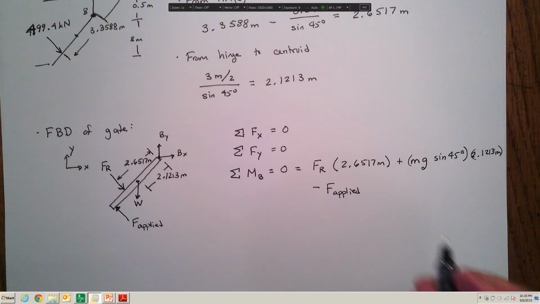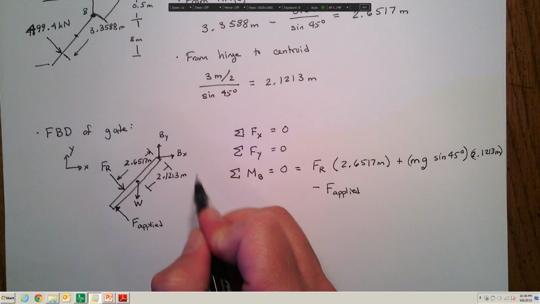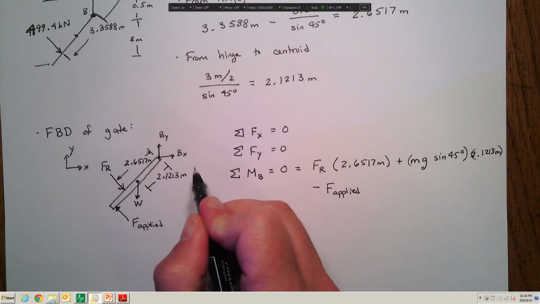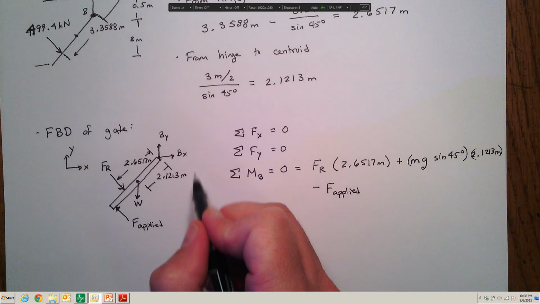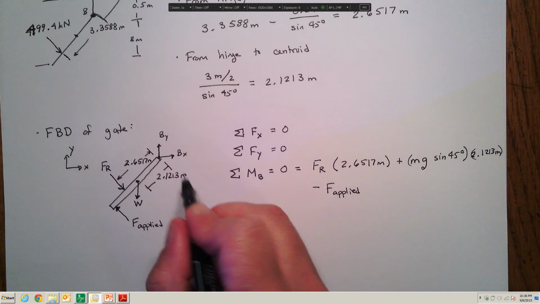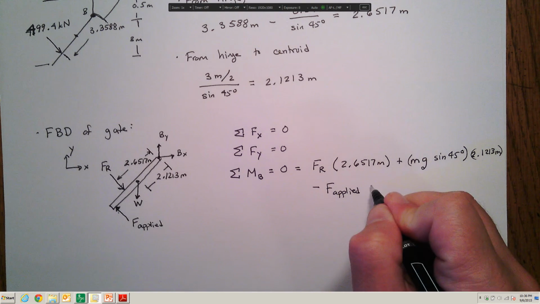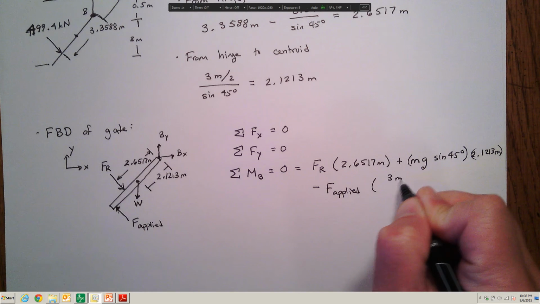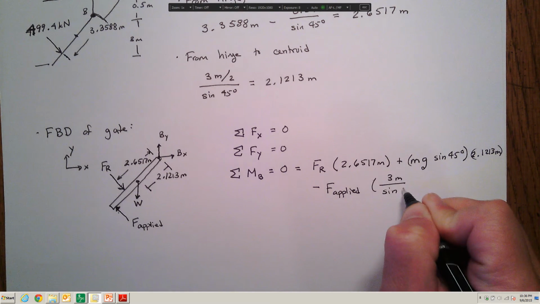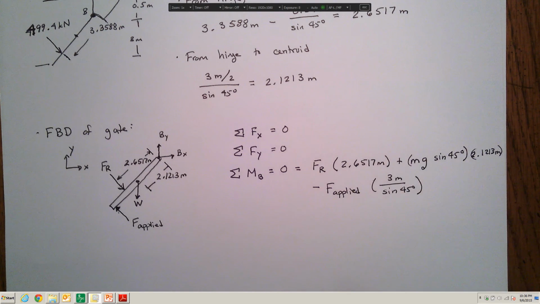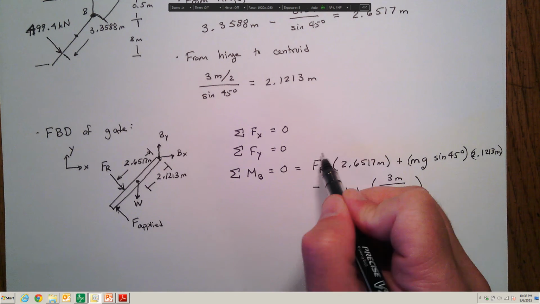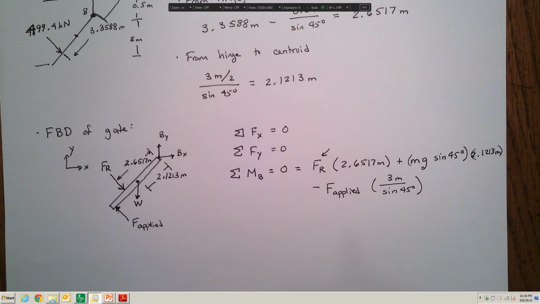And that applied force, we know that the vertical distance here is 3 meters. So the total length of this gate, if we were to apply the force at the very end, would be 3 meters divided by the sine of 45 degrees. Of course, since we know what the force is from the hydrostatic pressure, we want to solve for the applied force that's required.